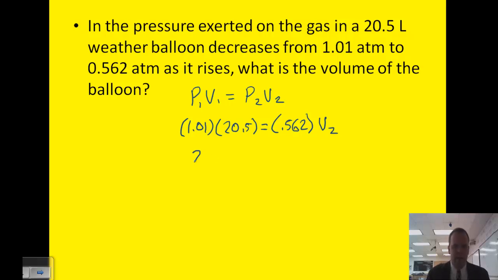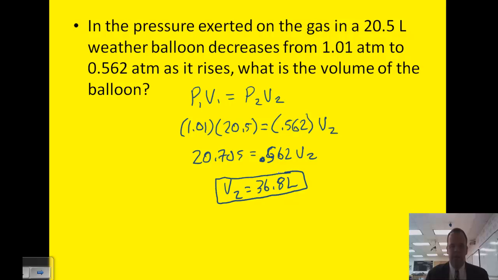We get 20.705 equals 0.562 V2. Divide by 0.562. We get 36.8 as our new volume.